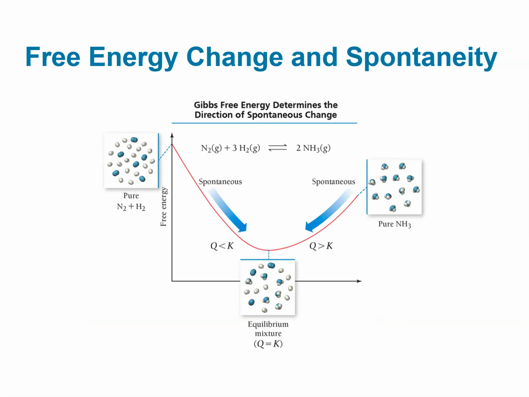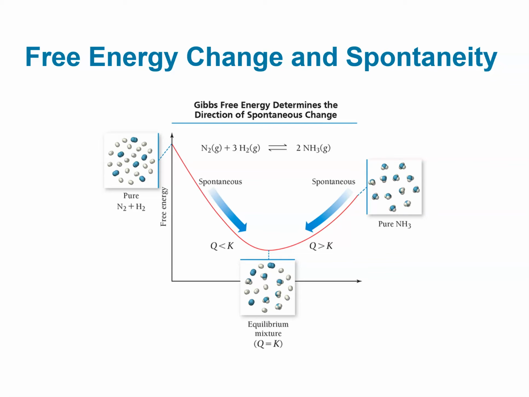And this is a really nice way to visualize that relationship. So in this particular reaction, we have nitrogen gas reacting with 3 equivalents of hydrogen gas reversibly forming 2 equivalents of ammonia gas.